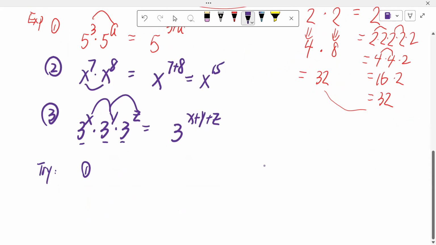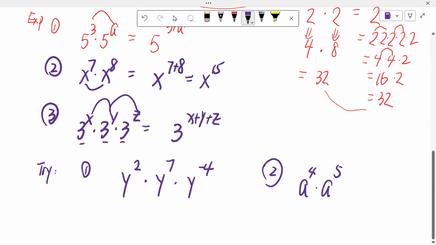It will be y to the second times y to the 7 times y to the negative 4. And the second one, a to the 4 times a to the 5 times a to the x.